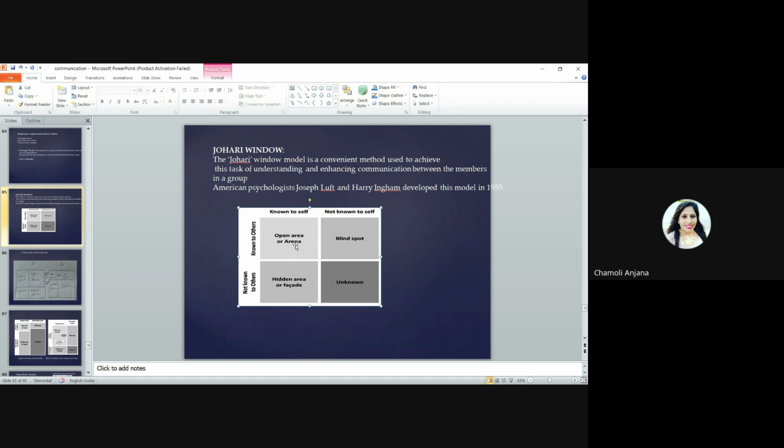Those who know him know that this person is a student, and he also knows that he is a student. Basically, the attitude of a person and the feelings that the person is expressing will come under open area.